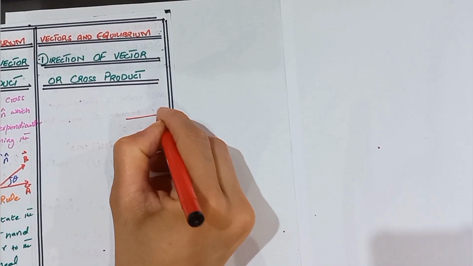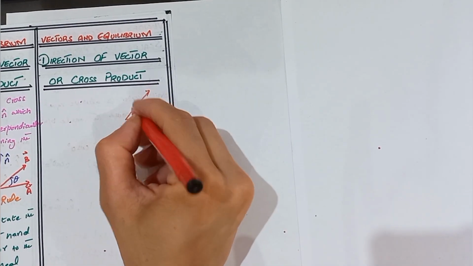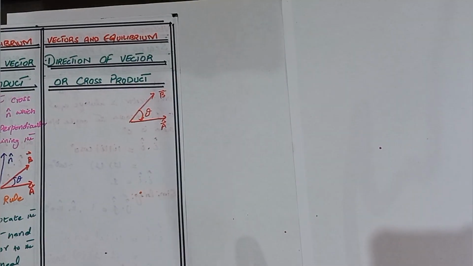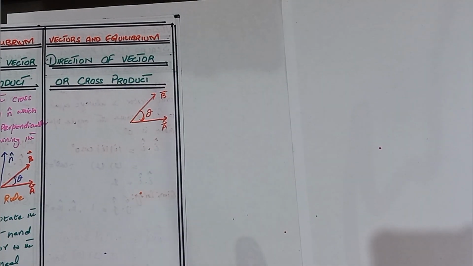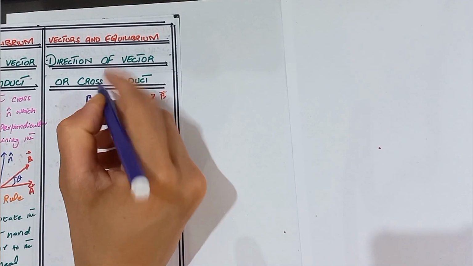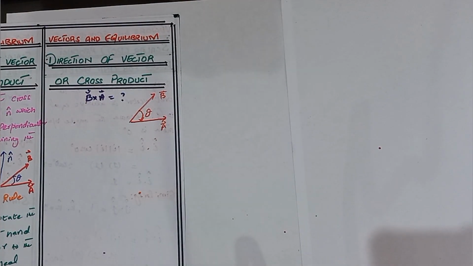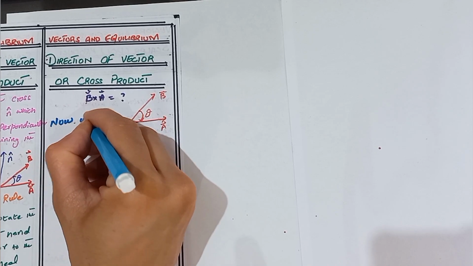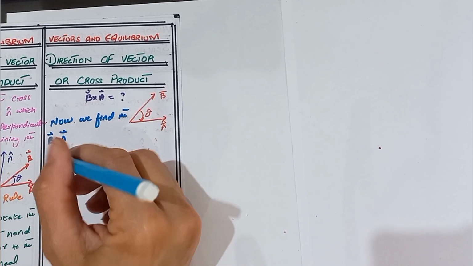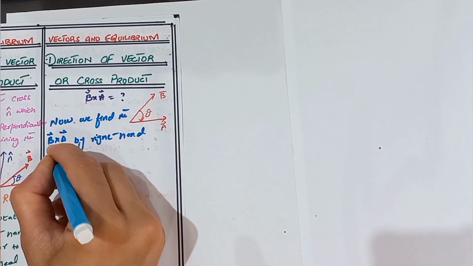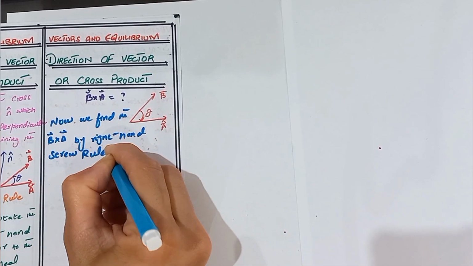Now we can find the direction of B cross A. This is the B vector and this is the A vector. Now we find the B cross A by the right hand screw rule.